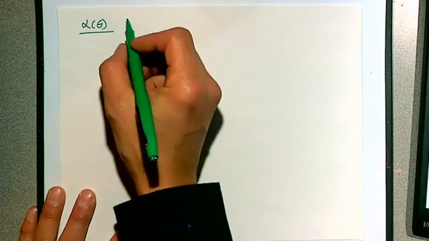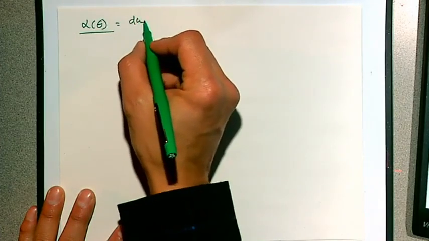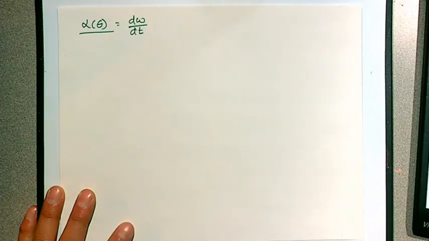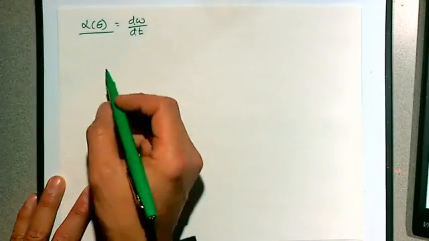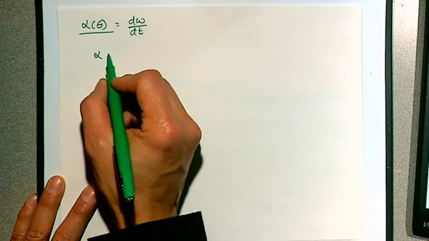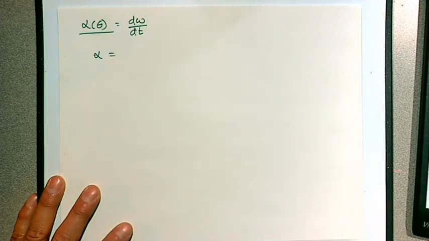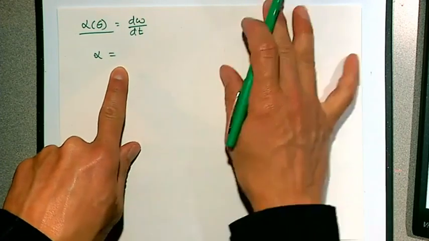We're not done yet, though. We want to get to angular acceleration. Now we take this derivative with respect to time. We know that this is the time derivative of angular velocity. So I take the time derivative of both sides. My omega goes to alpha. And we start working on this. v0, that's my velocity.